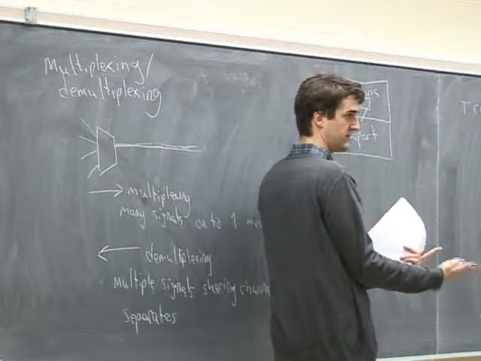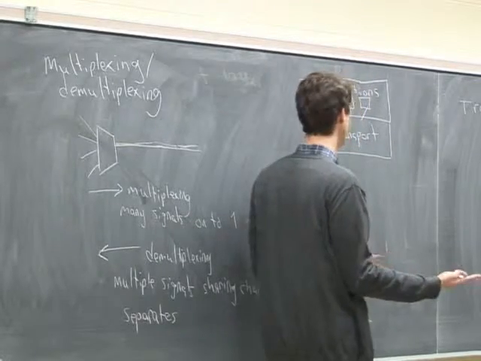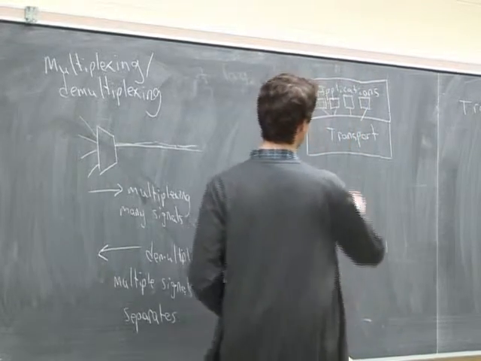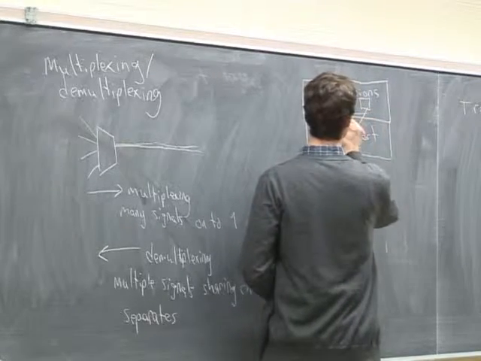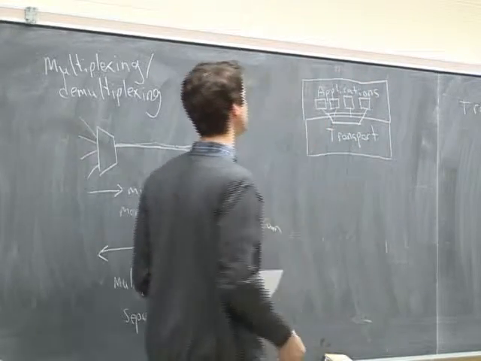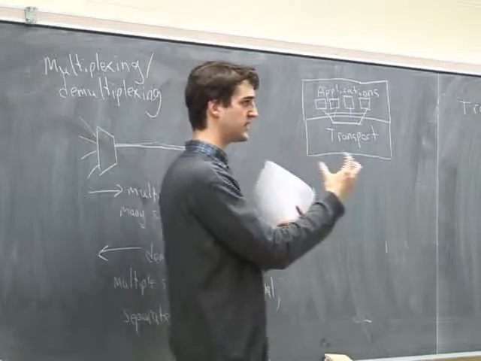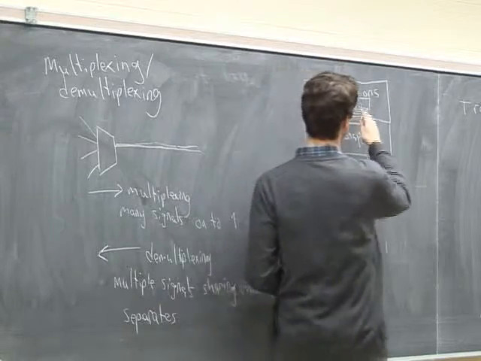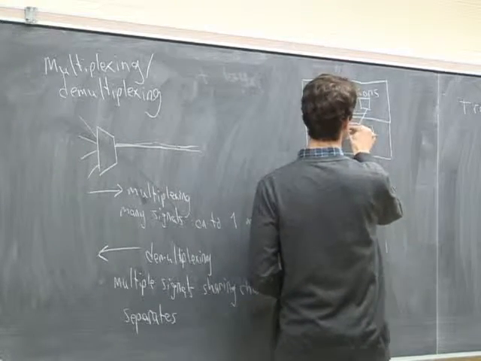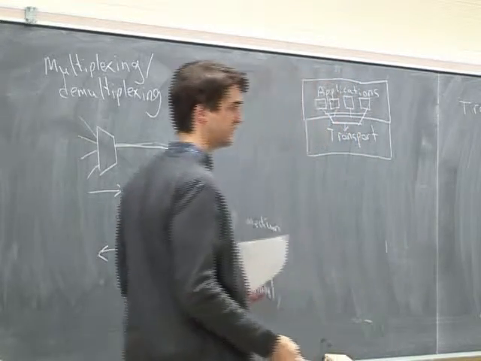We only have one network interface on most computers, so we need to combine those into the same network interface. So we have this multiplexer and demultiplexer sitting across the application and transport layers to translate from these applications down to the transport layer.